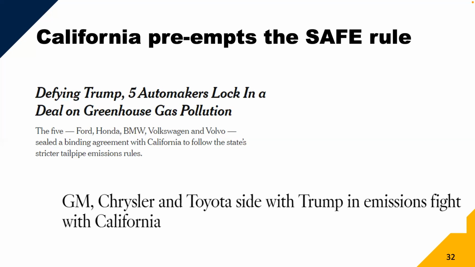And a bunch of automakers did do this. So Ford, Honda, BMW, Volkswagen, and Volvo basically said, we will agree to California's regulations, even if, I guess, technically they're not required by law. GM, Chrysler, and Toyota end up siding with Trump after this happens.